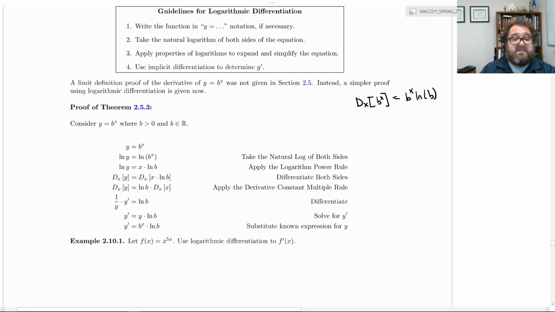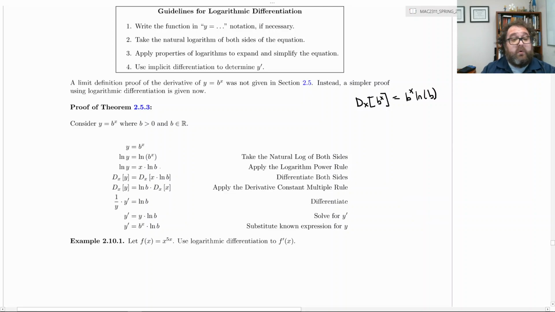The power property of logarithms says you can take the exponent on your base and bring it out in front of your logarithm. That's the power rule for logarithms. Okay, so we get line 3.